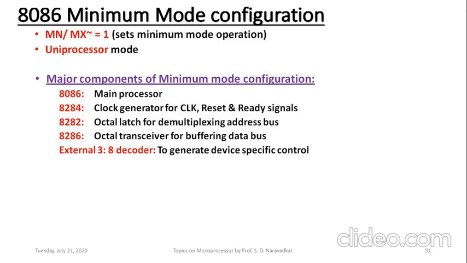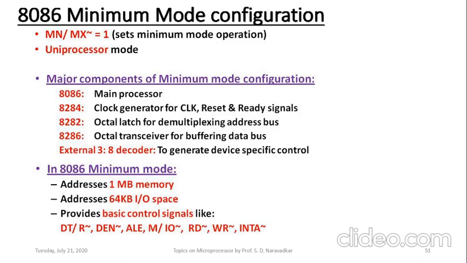Clock generator from the left side normally. And then octal latch, octal transceiver and the decoder will be generally on the right side. I use the term generally because in the designs you will find various orientations making connection of these components.